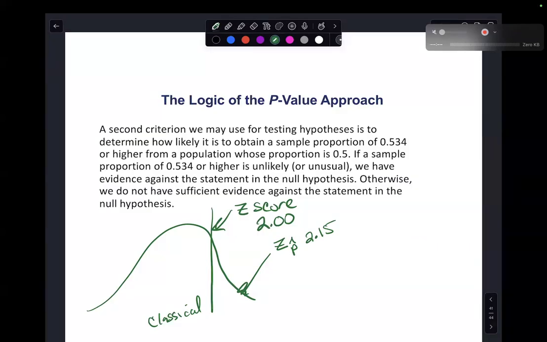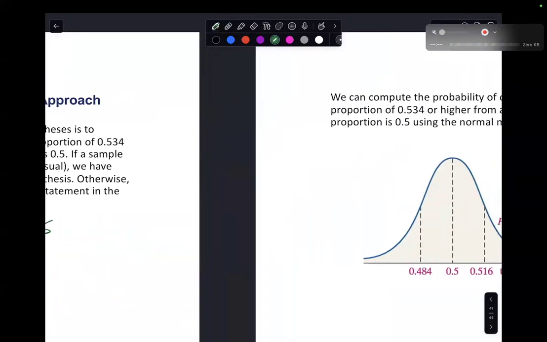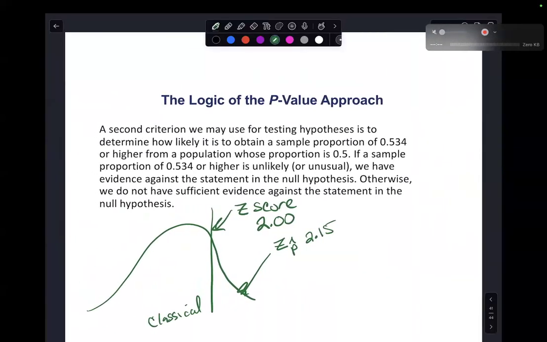Okay, so the other approach is the p-value approach. With the p-value approach, we are given an alpha. The alpha is our significance level. It's the probability of making a type 1 error, but I don't really care about that.